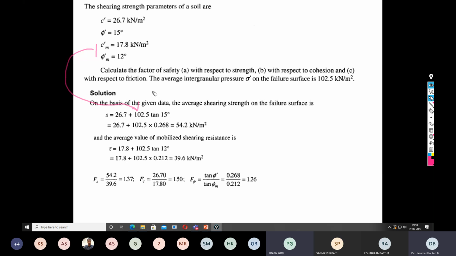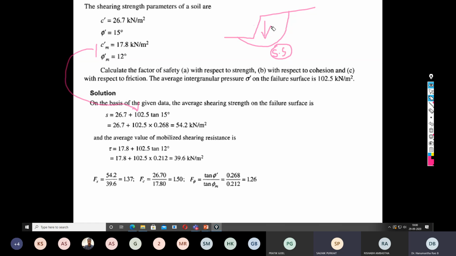Sir, how is that C value increased from C_m to C dash? See, for example, say this is a slope. This soil mass is causing the shear strength, and the weight of the soil mass is causing the shear stress.